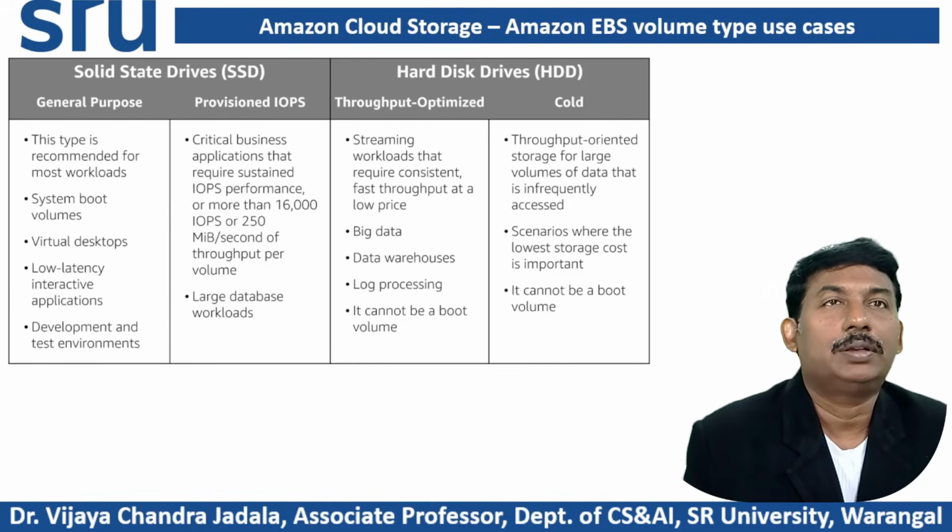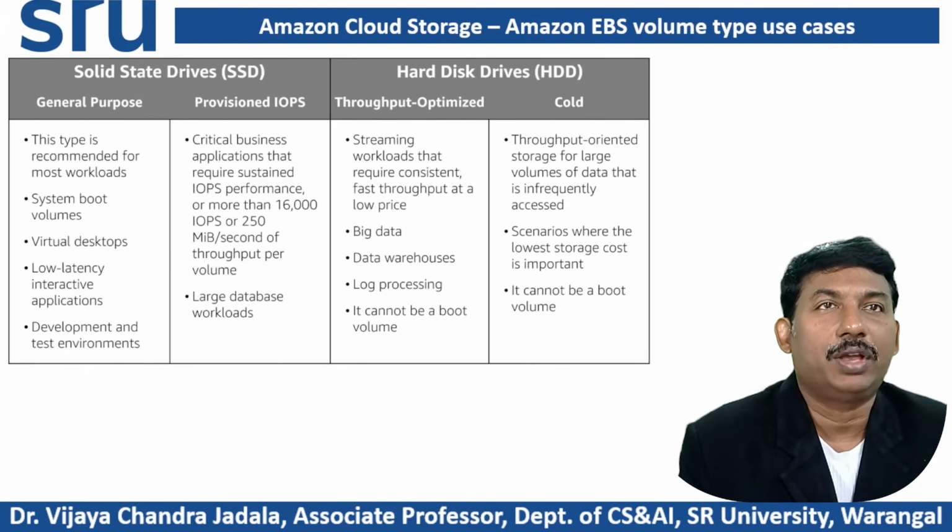So here we are going to discuss the SSD and HDD volume type use cases related to Amazon EBS. Here we are discussing the use cases for general purpose and provisioned IOPS.